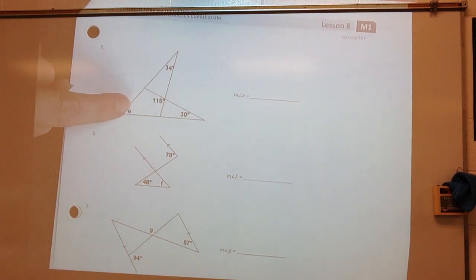So the measure of angle E. Let's look at what we know. This one can be kind of tricky. What can I do here to figure this out? Well, I can look at linear pairs.